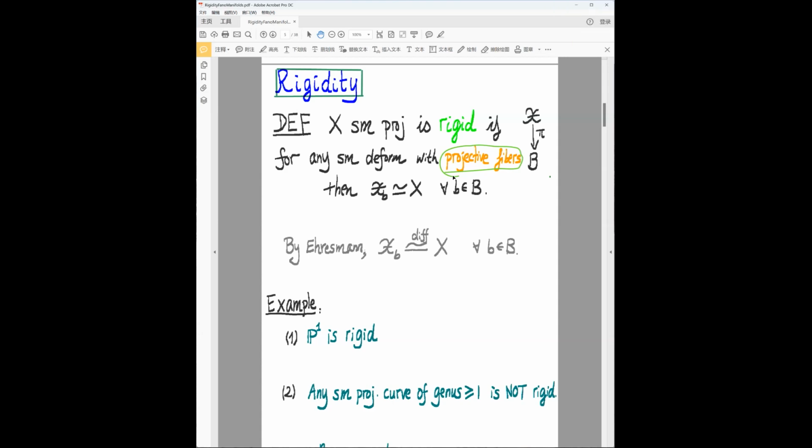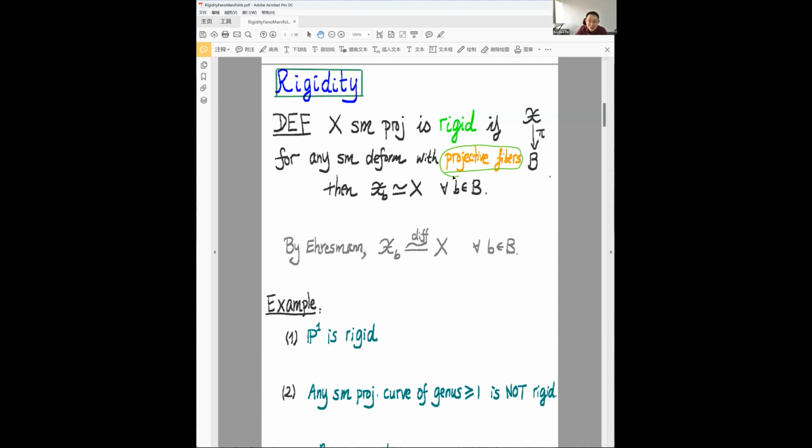Can you relax projectivity of the fibers to properness of the morphism? That depends. In my talk, for Picard number one, I think it's okay. For higher Picard number, I'm not sure.